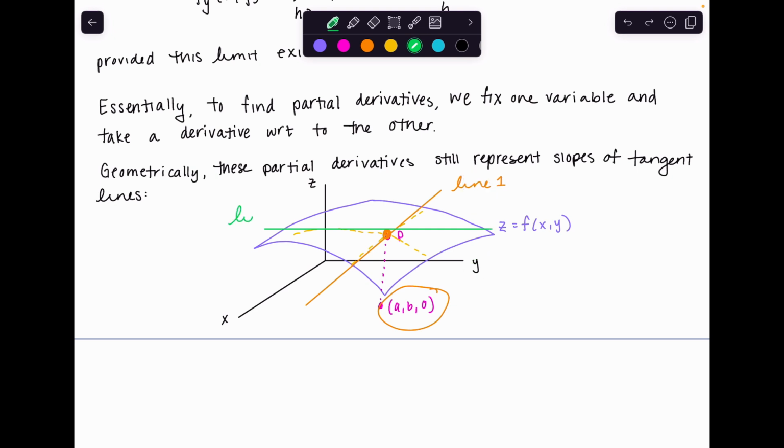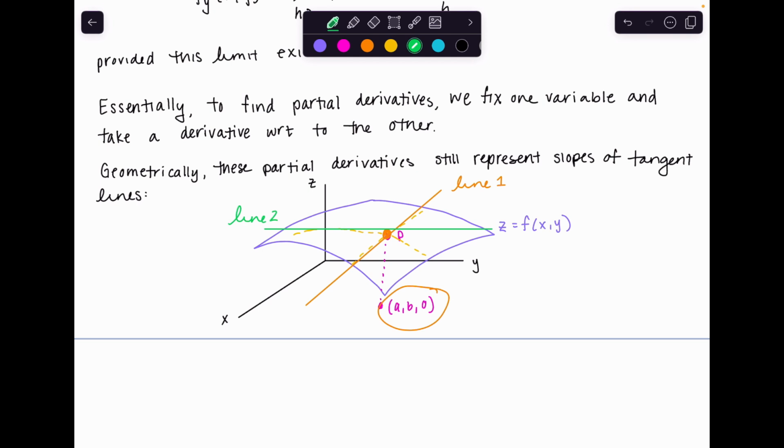We'll call that line 2. That is going to have slope equal to the partial derivative of f with respect to y evaluated at that point. And again, it's not moving in the z direction, it's not moving in the x direction at all, it is solely just that component.